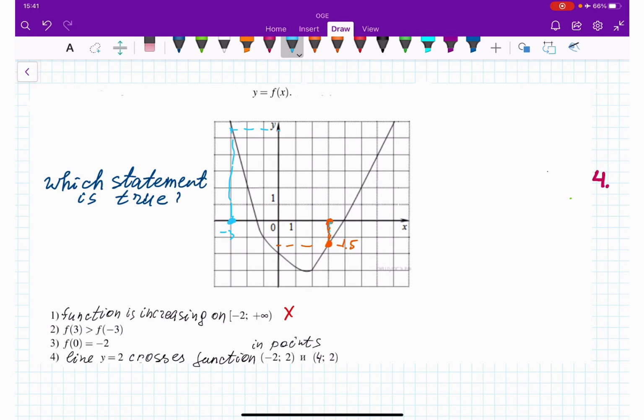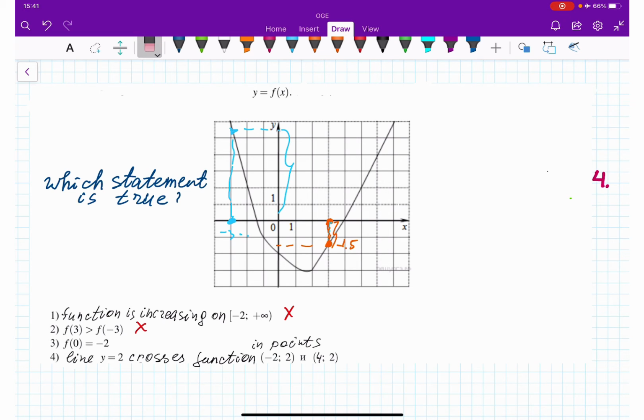So it says the f of 3 is greater than f of -3. Absolutely wrong, because f of -3, look at how high it is. It's greater than f of +3, right? Okay, so this is also, we don't accept, it's false.